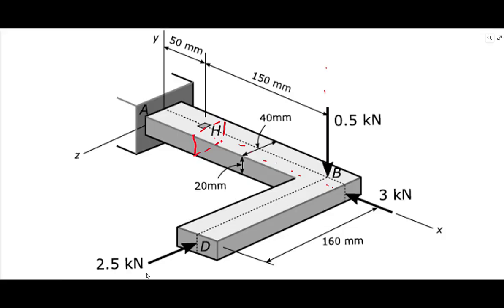So in this case, you bring 2.5 here, and then you add a rotation about the y-axis in the positive y-axis rotation direction, and the penalty moment to justify that transformation is 2.5 multiplied by 150 millimeter.